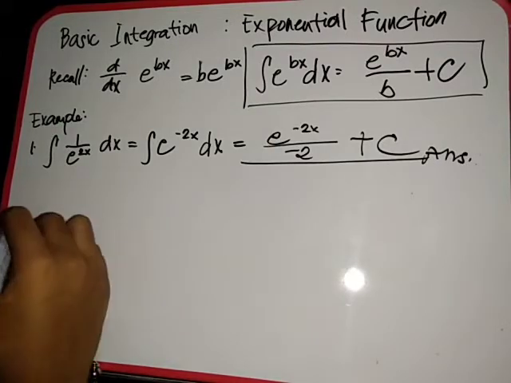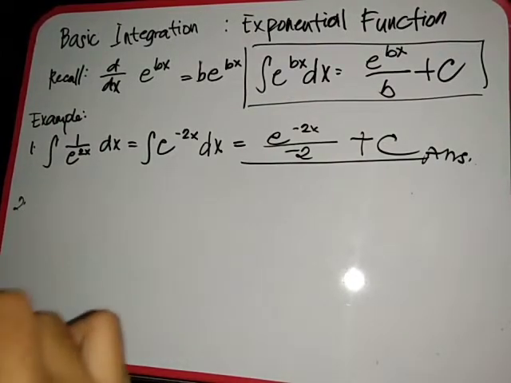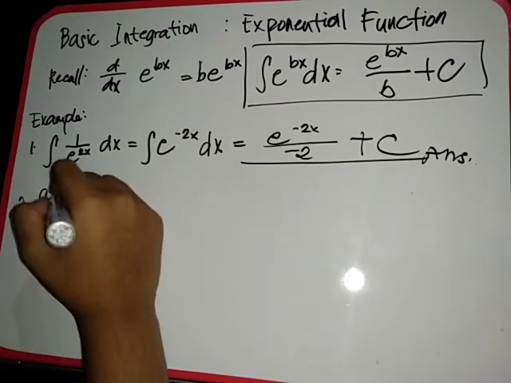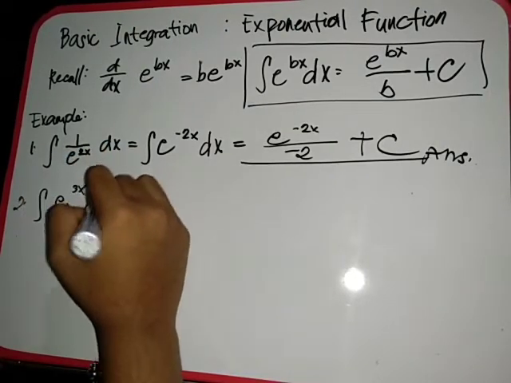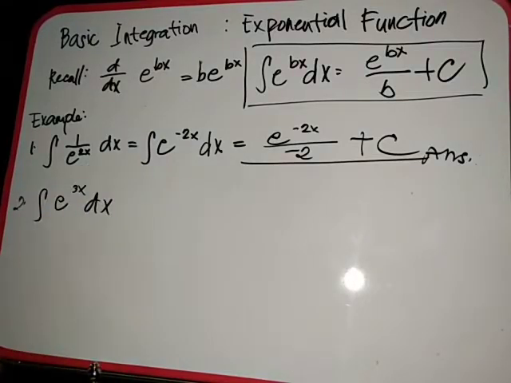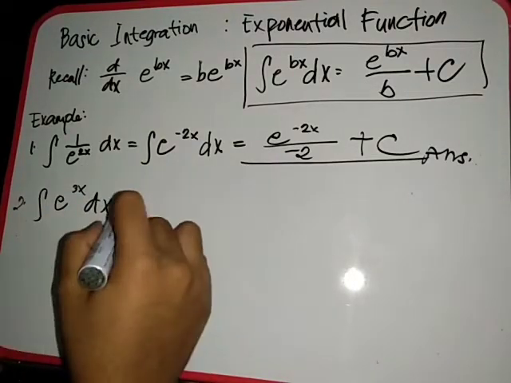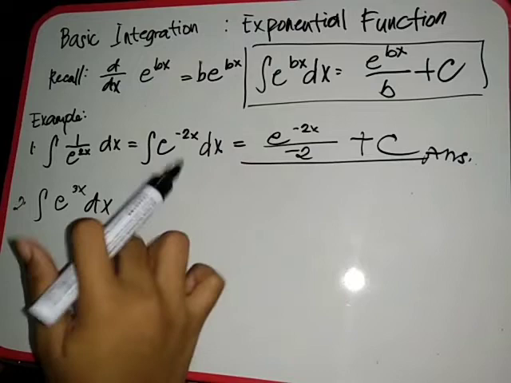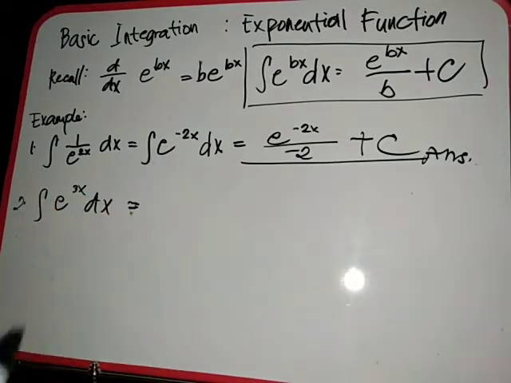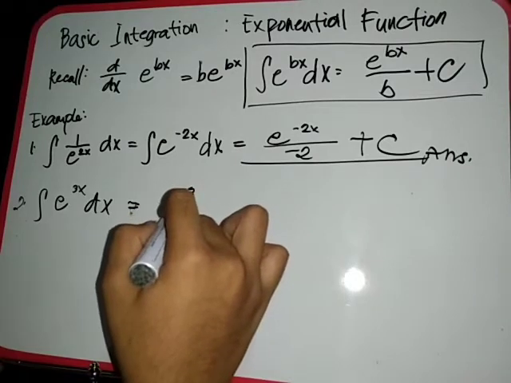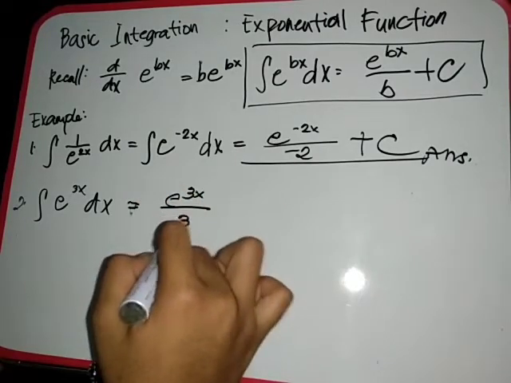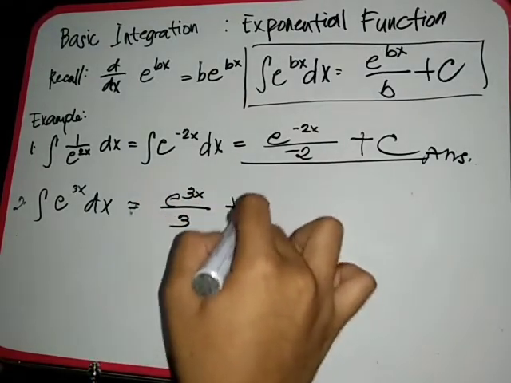So number 2 is the integral of e raised to 3x dx. So we have e raised to 3x over 3 plus c.